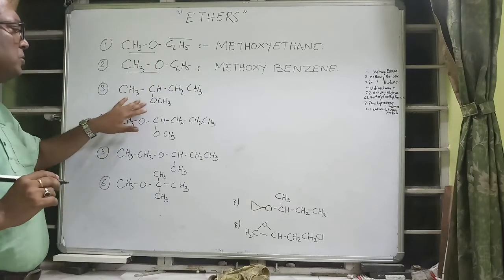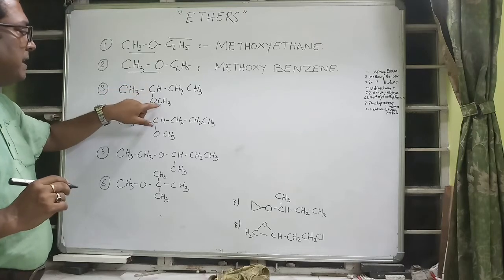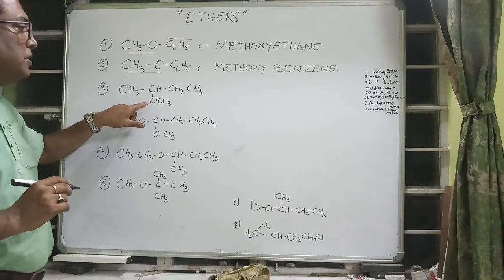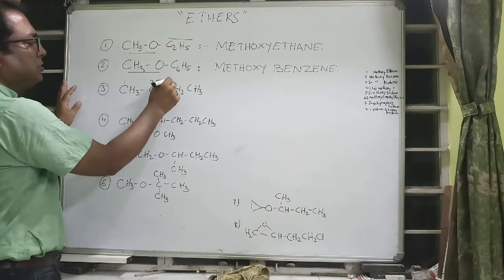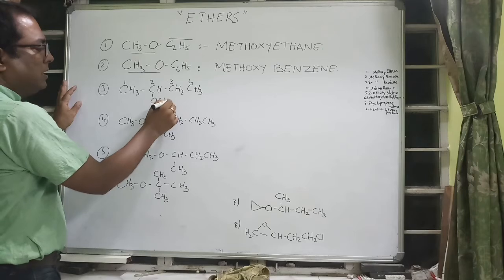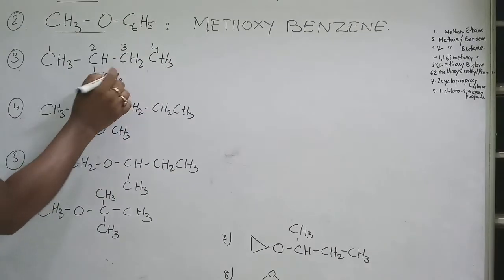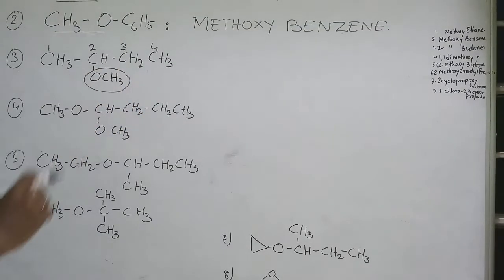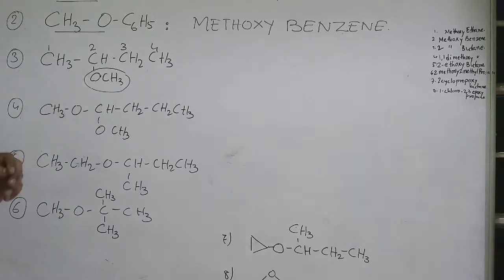Now when we go to this part, you can see this is the second carbon attached with a methyl group and carrying an oxy. So here we write this is 1, then 2, then 3 and 4. This methyl group is attached with the oxy group because it is small. This methyl group contains a smaller number of carbon with respect to the butane.